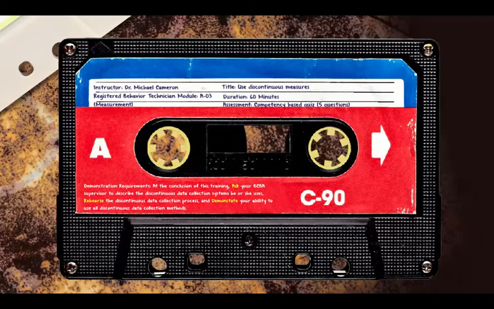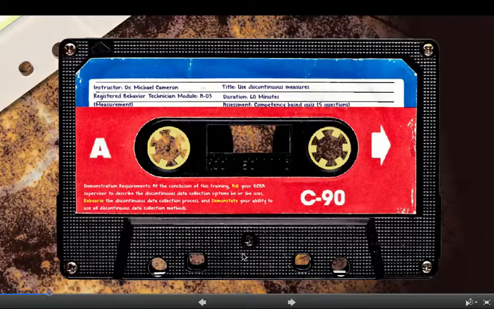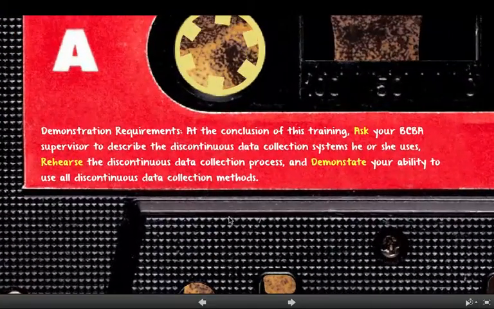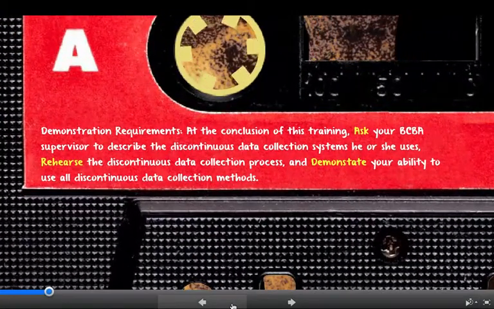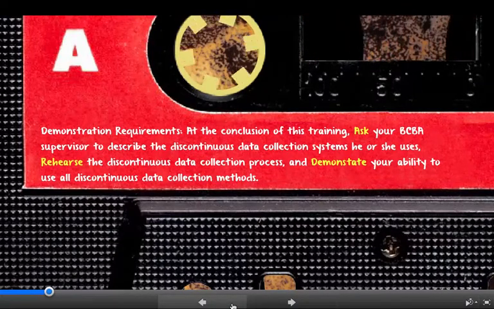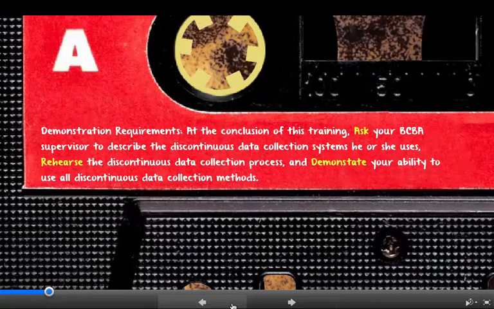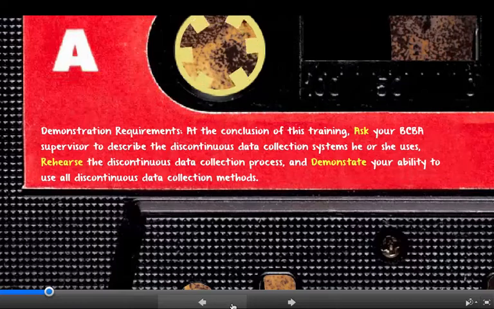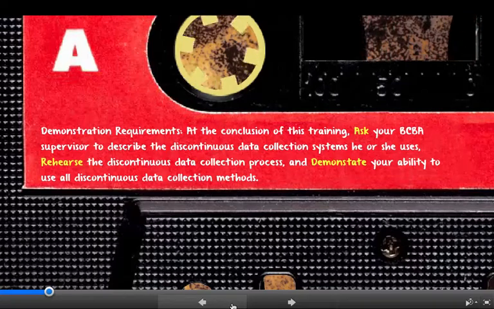your RBT instruction. With respect to the demonstration of skills after this module, at the conclusion of training, I encourage you to ask your BCBA supervisor to describe some of the discontinuous data collection systems they're using in their practice.